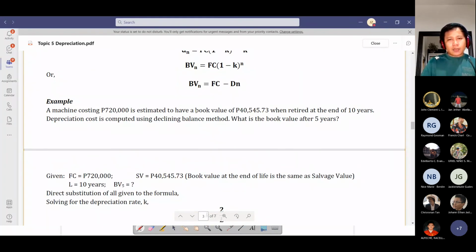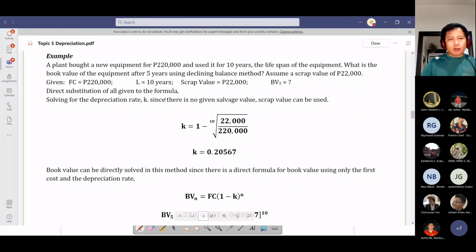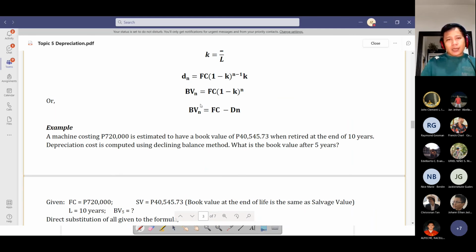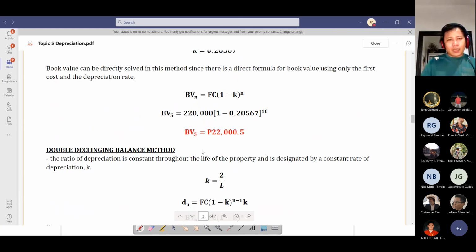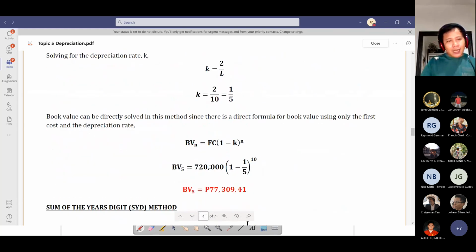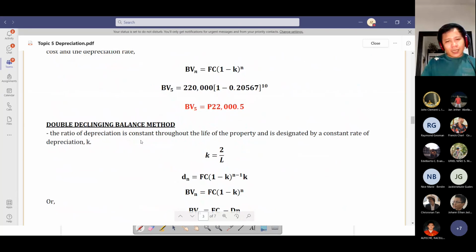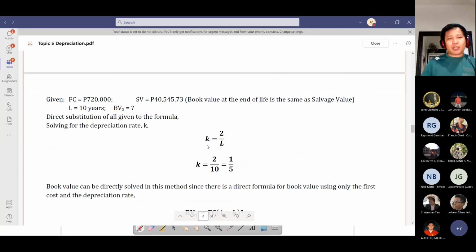Solve using declining or double declining. The example in declining, solve using double declining or SYD. The example in double declining, solve using declining or SYD.